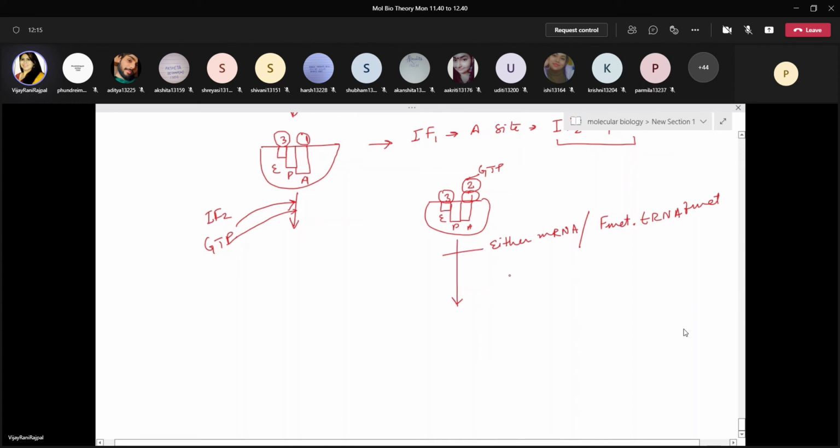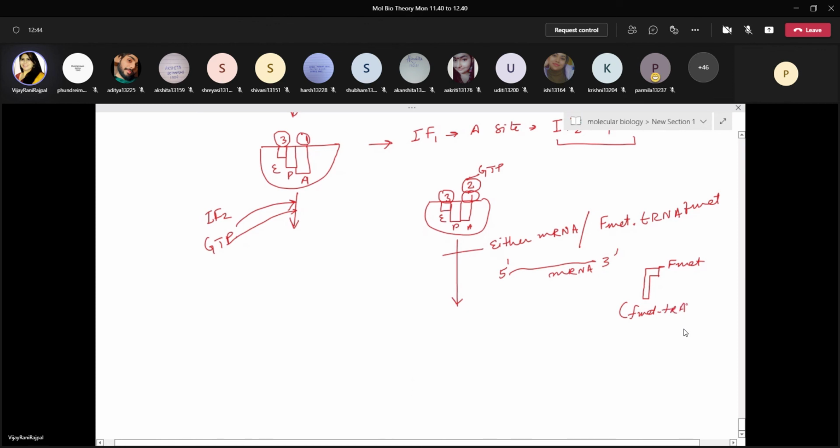So anyways, this is mRNA, a 5' single-stranded RNA molecule, and your tRNA. Oh, I haven't taught you the structure of tRNA. I should have told you the structure of tRNA too. Anyways, this is an L-shaped structure. Here is present fMet. So this is tRNA fMet.